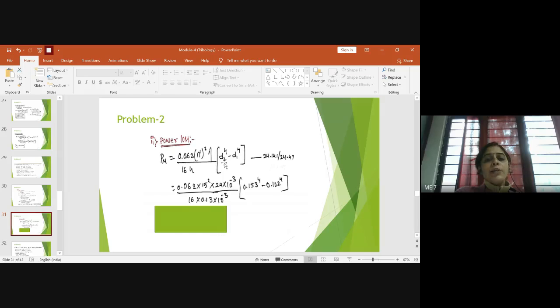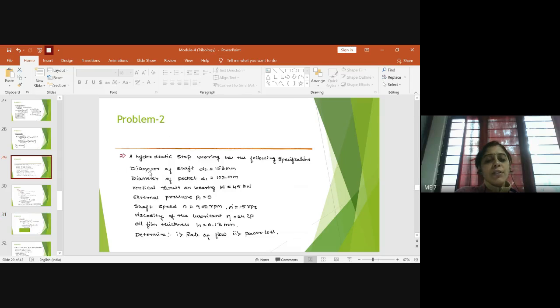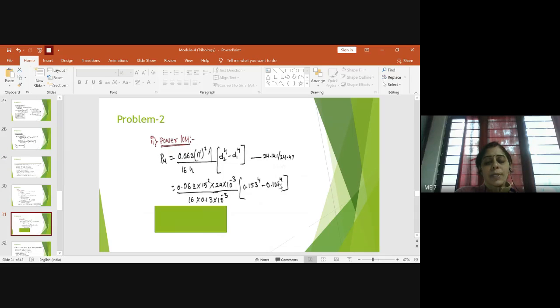The other part, you have d2 to the power of 4 minus d1 to the power of 4. You know the value of d2 and d1; you can cross check with the question. The diameter of the shaft, d2, is 153 mm, and the diameter of the pocket or the recess is d1, which is equal to 102 mm. Substitute both the values in terms of meters.